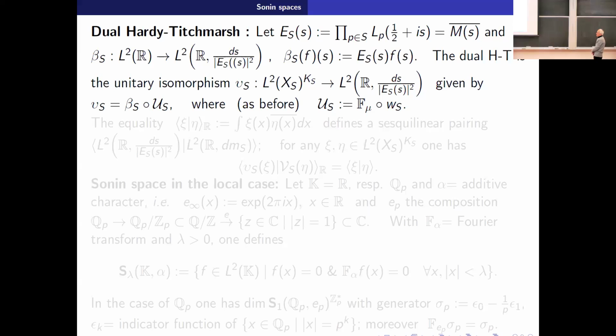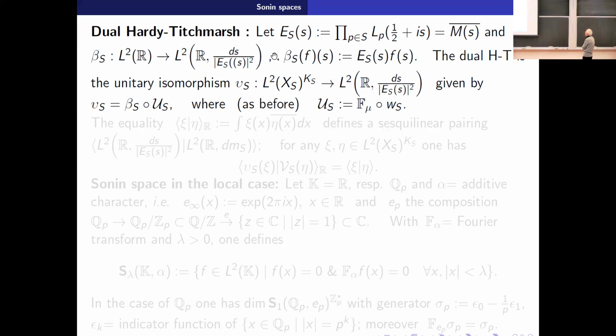Okay, the dual Hardy-Titchmarsh transform will come into play too. And what is the dual Hardy-Titchmarsh? I used the notation E bar before because E of S will be now the conjugate of what was E bar. So this changes the sign of all these local factors.